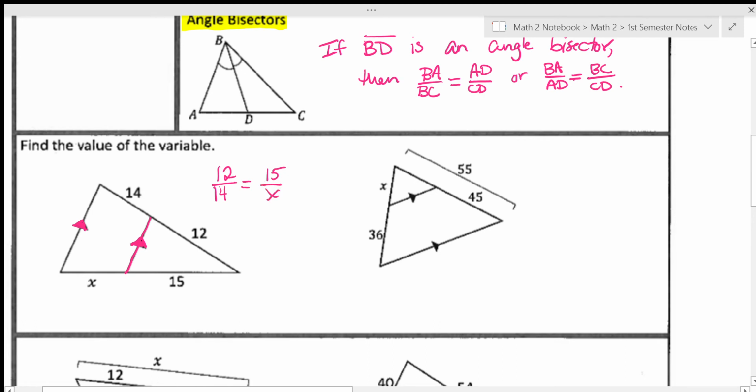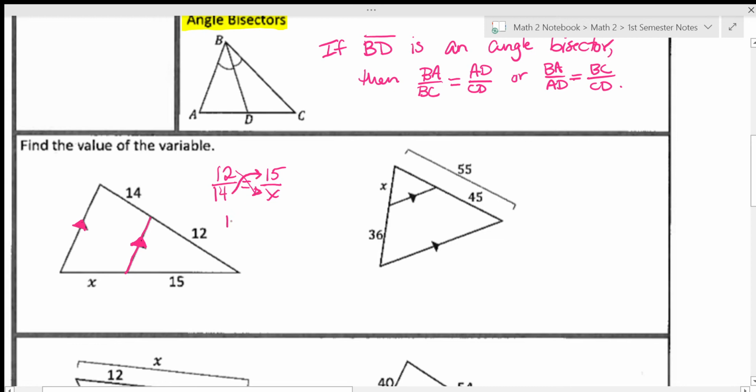It's been a little bit since we've solved proportions, but to solve a proportion when you have a fraction equal to a fraction, we can shortcut it by cross multiplying. So we go 12 times x equals 14 times 15.